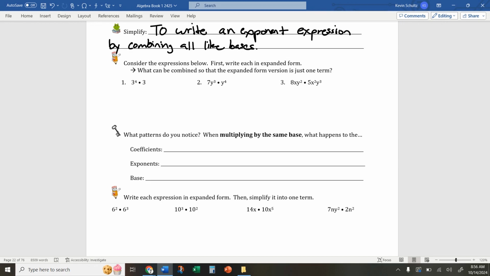Well, it is kind of like terms. That's essentially what we're doing here, but our like terms in this case are the like bases. So that's what we're going to be looking for. To write an exponent expression by combining all like bases.